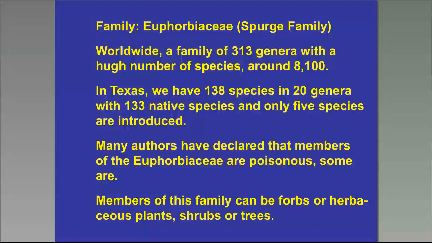In Texas, and this is going to be plus or minus a few plants or even genera, depending upon what resource book you like the best, we have around 138 species and 20 genera, with 133 of these species recognized as native plants, meaning they were here at the beginning of settlement and were found along the way as our early naturalists and others discovered plants.